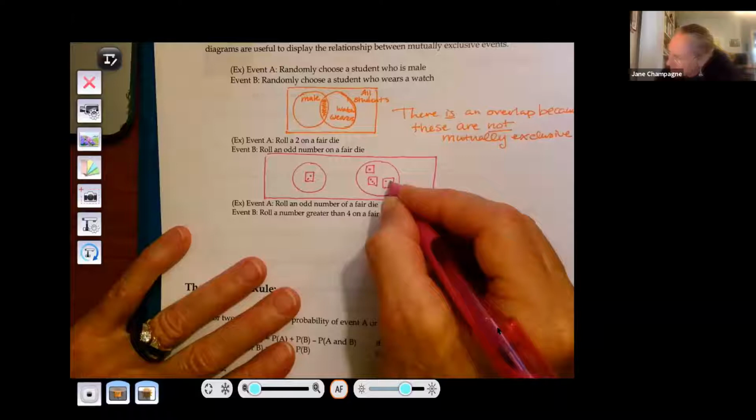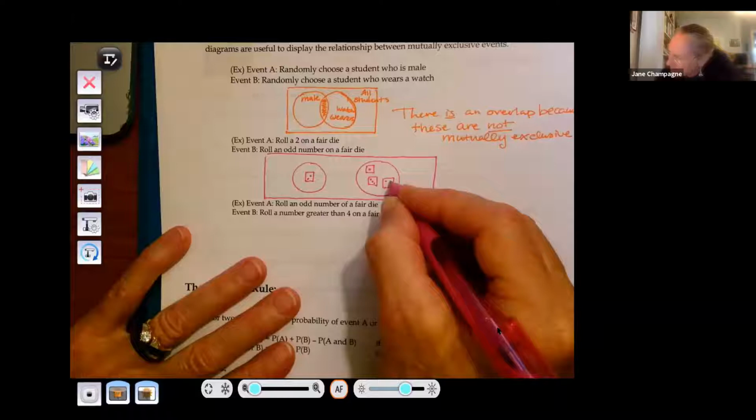All right, more specifically, events are called mutually exclusive if they share no common outcomes. All right, outcomes that would be, you know, both of them at the same time. We can draw some Venn diagrams so you can sort of get a visual of it in these cases. Here we have event A is randomly choosing a student who is male, and event B is randomly choosing a student who wears a watch.